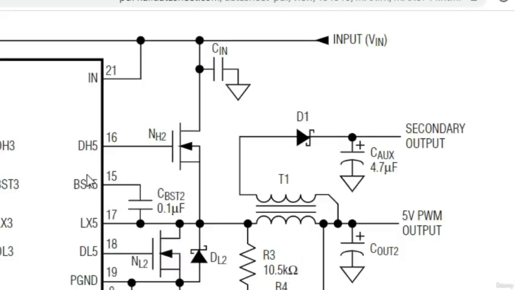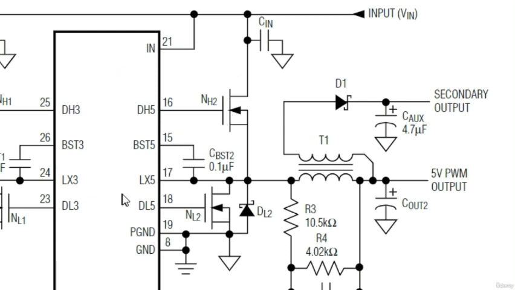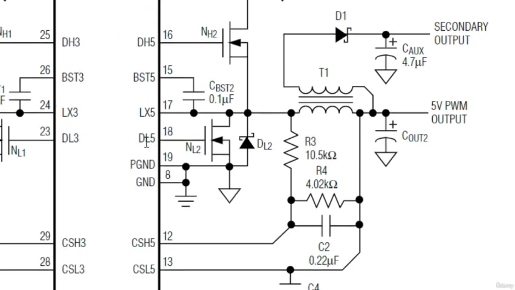Here we have drive high 5 on pin number 16. As you see, this is the first MOSFET, the high MOSFET, so drive high 5 goes directly to the gate of this MOSFET. Also the Vin is applied here to the drain of this MOSFET. Here we have drive low applied to the gate of the lower MOSFET.